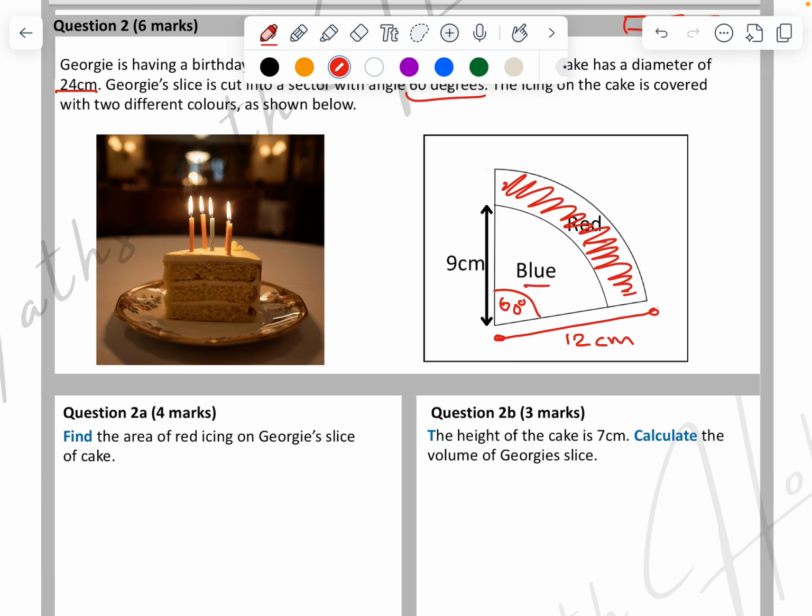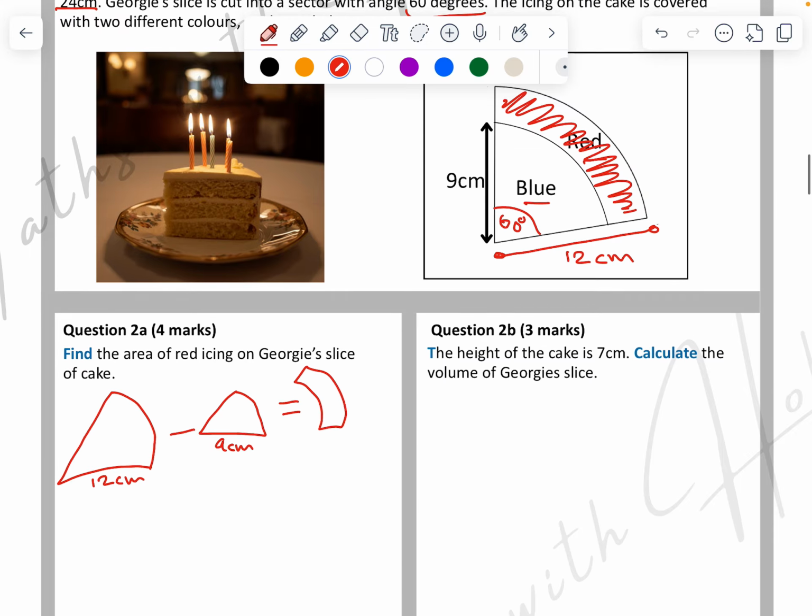So how are we going to get that top bit? We could work out the area of the whole sector, which is 12 centimetres, then take away just the blue sector, which was 9, and that would leave us with just the red section.